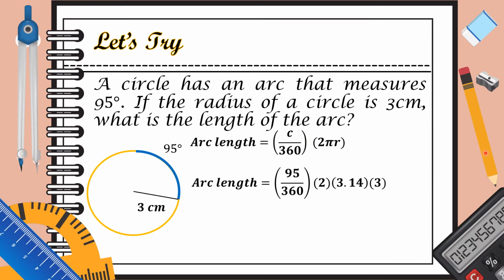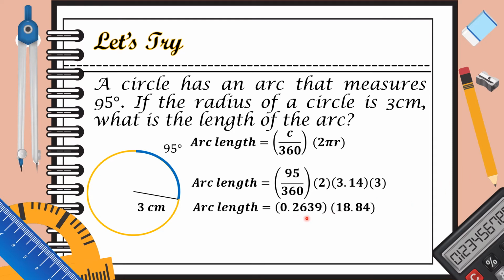So, nagiging ganito siya. Yung C, papalitan natin ng 95 kasi 95 degrees siya, divided by 360 times 2, constant yung 2. Yung pi is 3.14, then yung r natin or radius is 3. Ngayon, compute natin siya. 95 divided by 360 is 2,639 10,000ths or 0.2639, times 18.84.